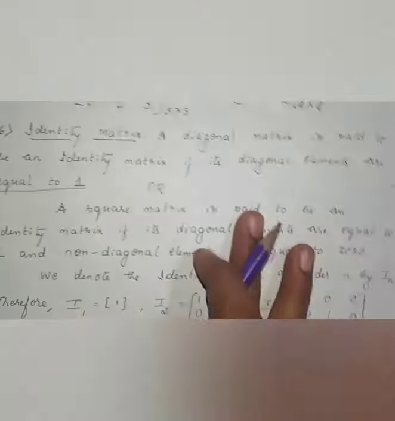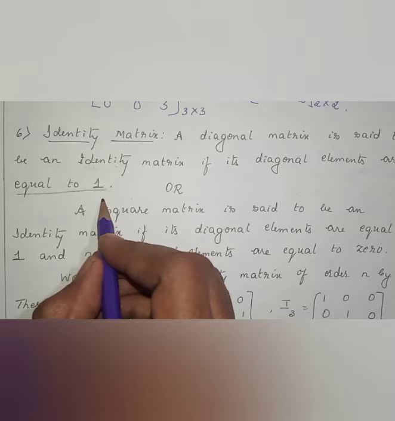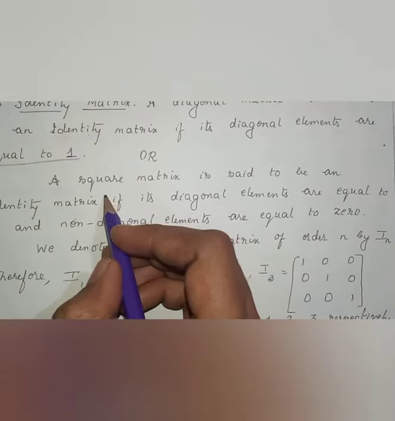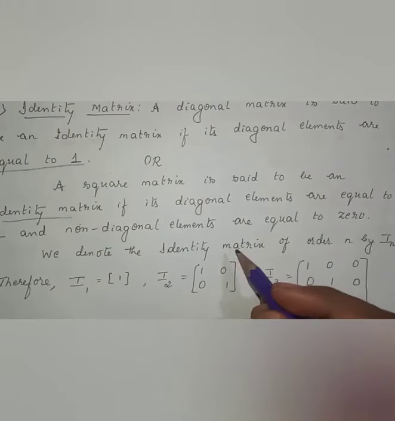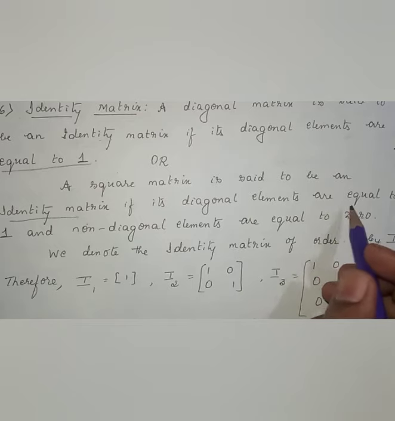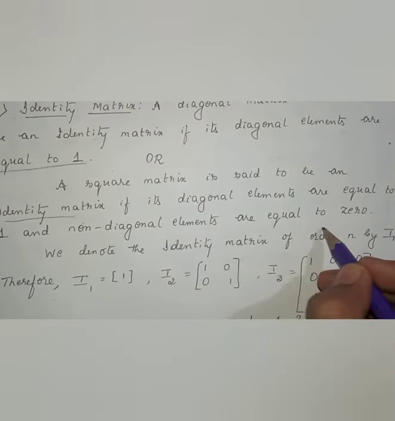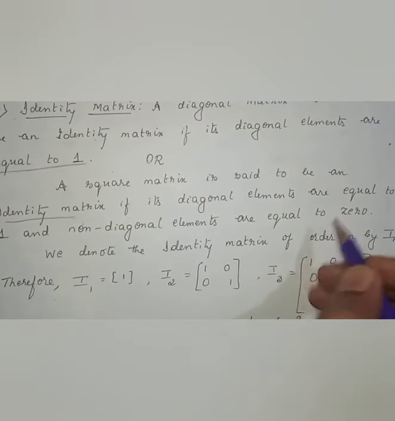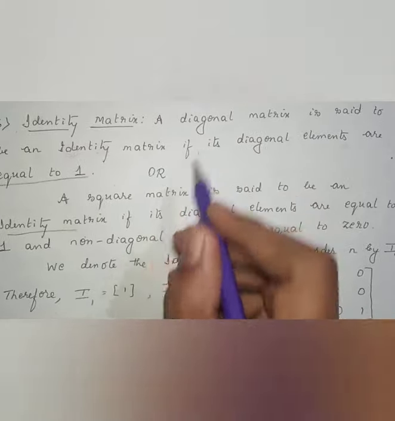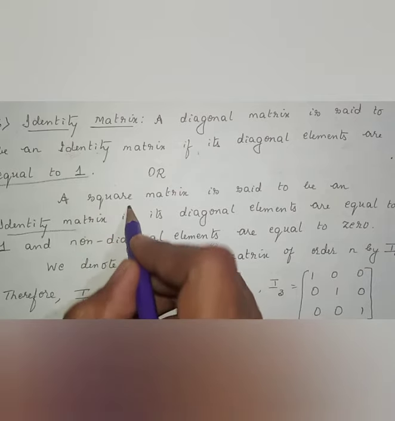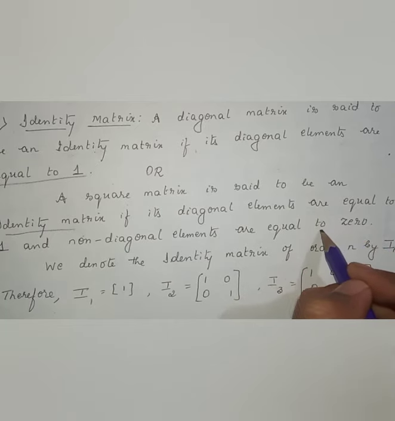But in the identity matrix, the diagonal elements are exactly equal to 1. Or, a square matrix is said to be an identity matrix if its diagonal elements are equal to 1 and non-diagonal elements are equal to 0. If you start with the diagonal matrix sentence, you have to go through this definition.